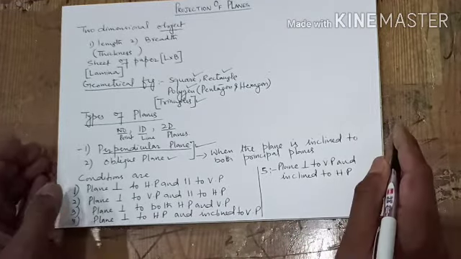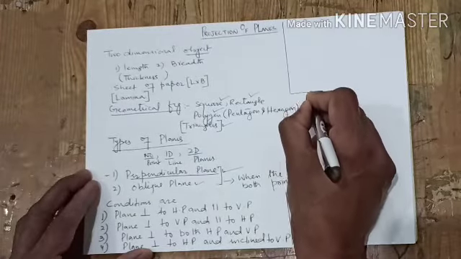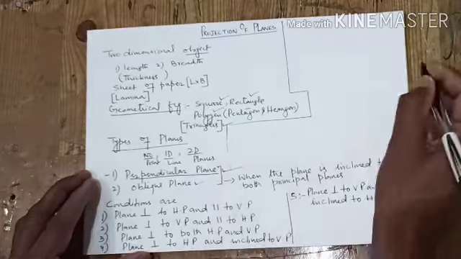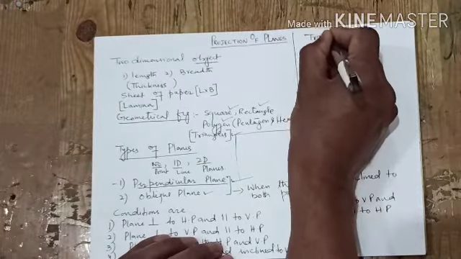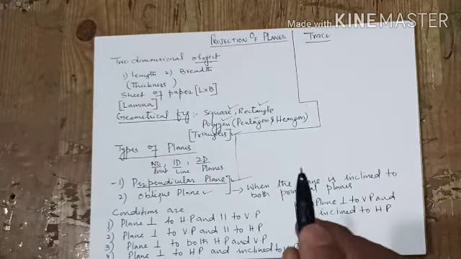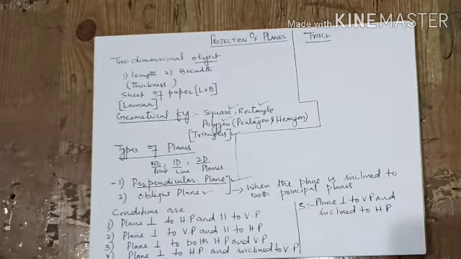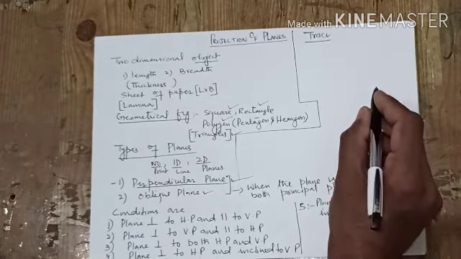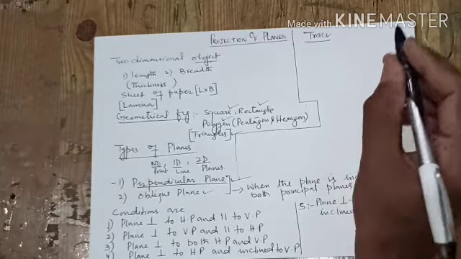Fine students, there is one more type which we need to understand, which is trace. So let's first understand what a trace is. Trace is the intersection, the meeting, of the plane surface with the reference planes.